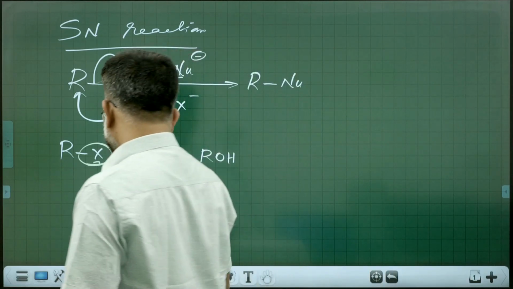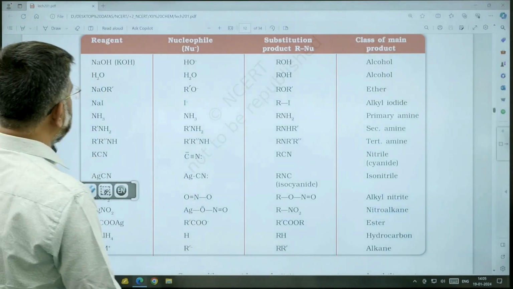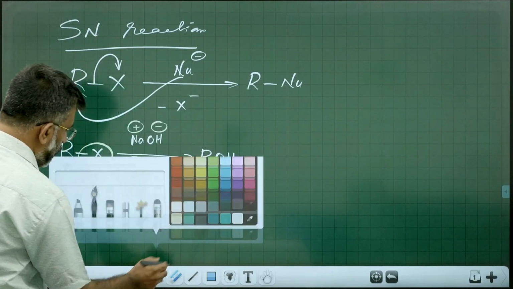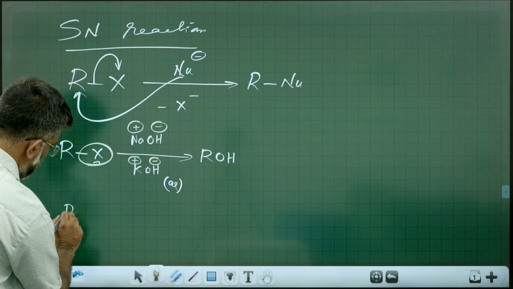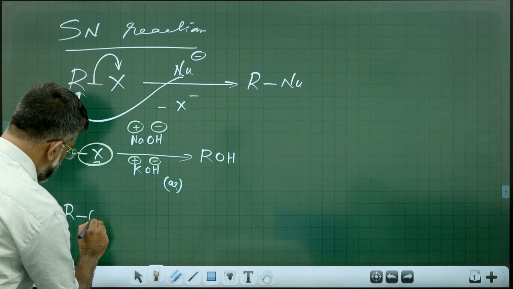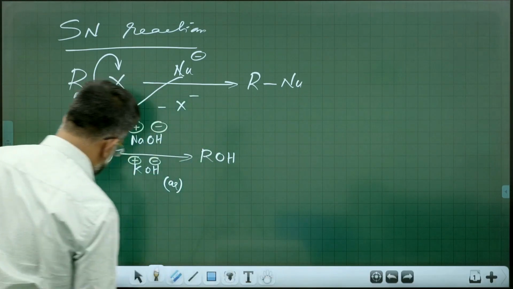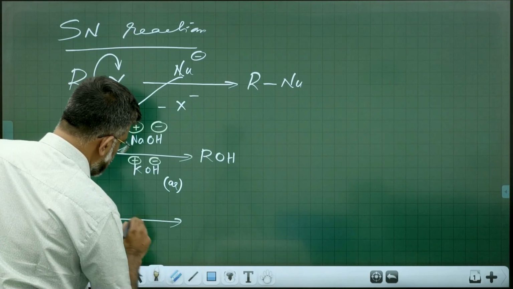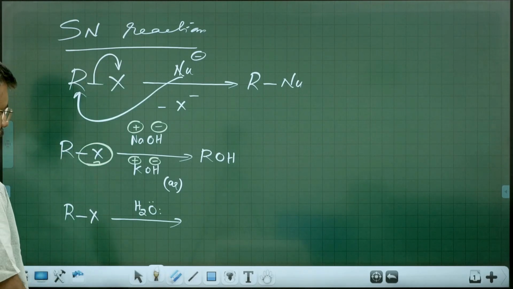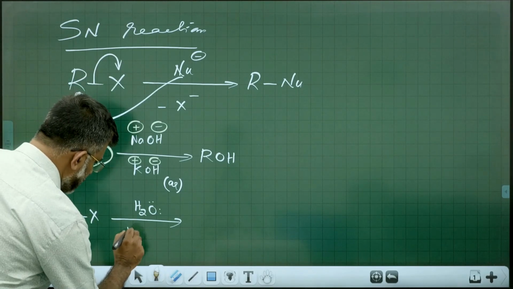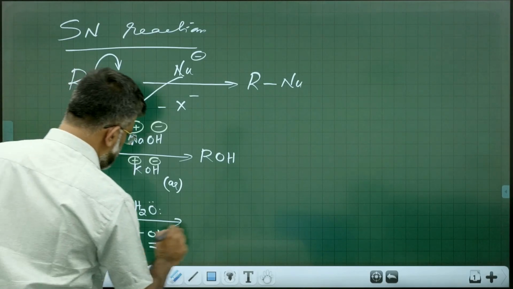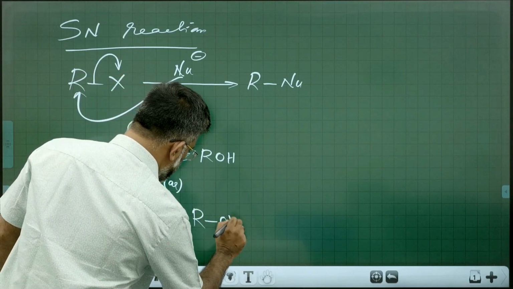Number two, simple solvolysis reaction. An alkyl halide is treated for solvolysis, simply hydrolysis with water. So water itself acts as the nucleophile. You know it is an electron rich species. So it will be HOH, and this OH will replace X. It is a simple solvolysis reaction.